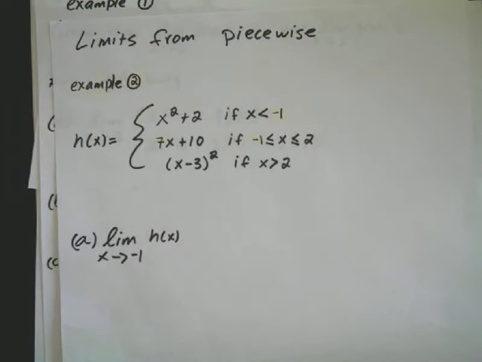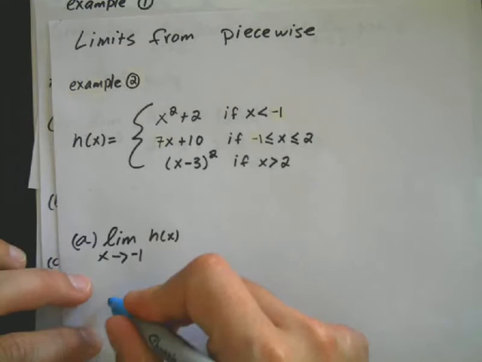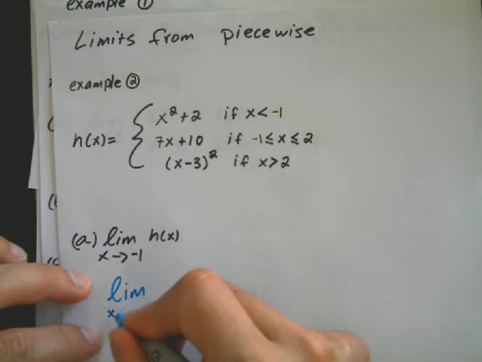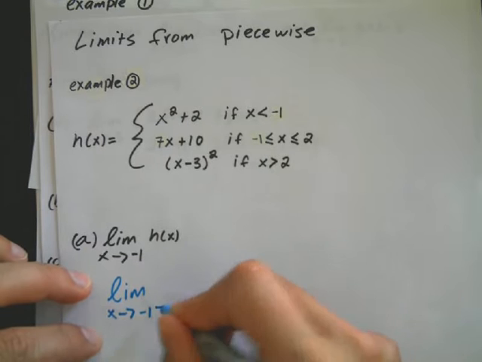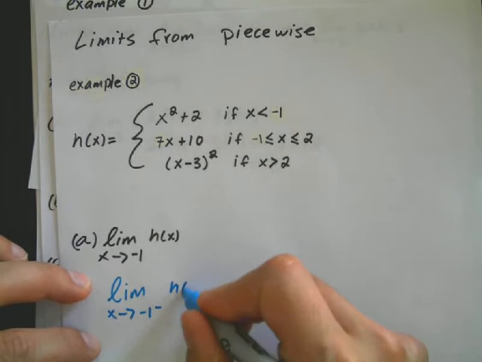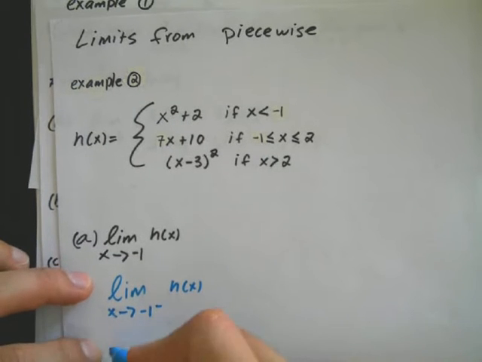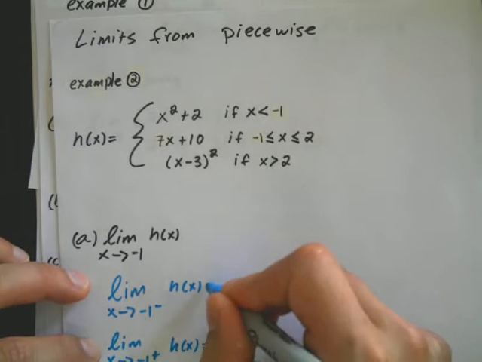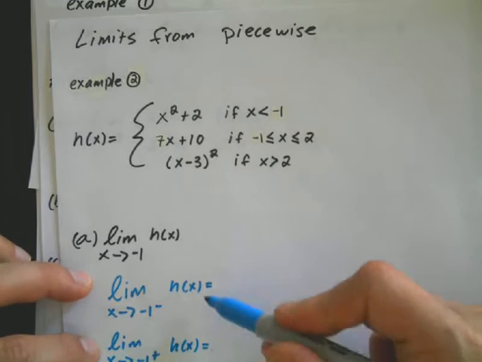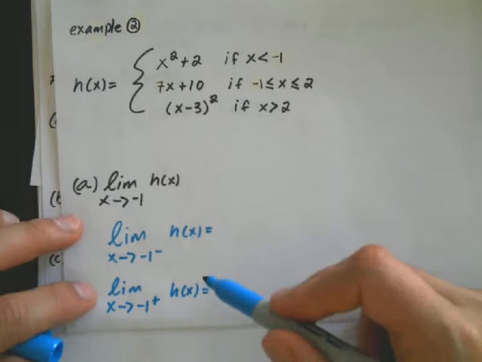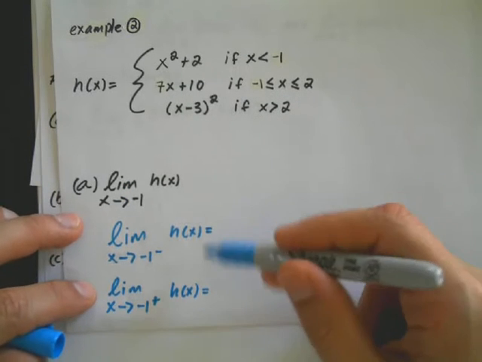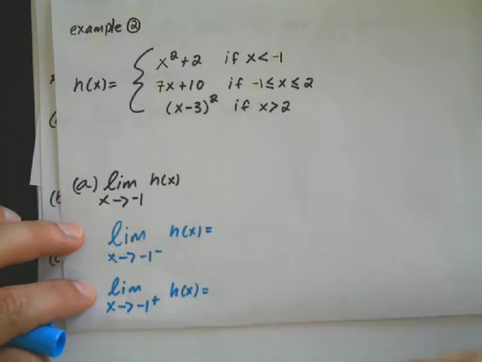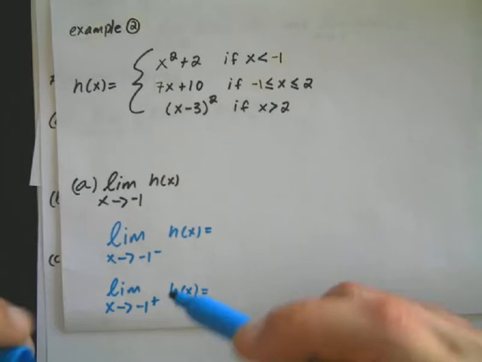So what this really means is I have to find the limit as x is approaching -1 from the left of f of x, and then find the limit as x is approaching -1 from the right of f of x. If these two are the same values, then the limit exists. If they're different values, then you would say the limit does not exist, and that'd be it.